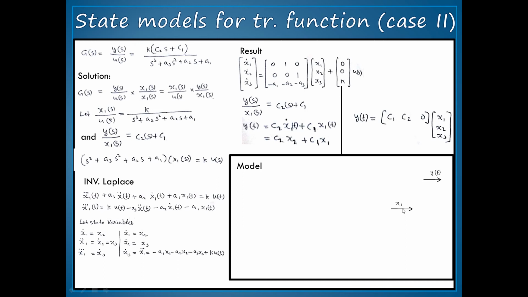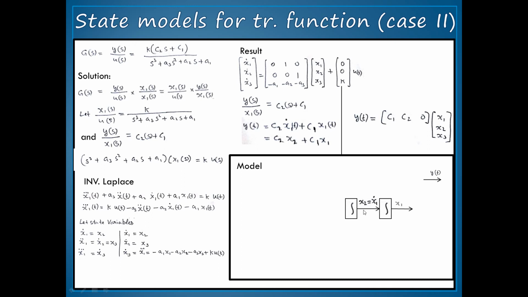It is the intermediate variable between input and output. Now this x1 can be written like this. After integrating x1 dot, we may get the value of x1. That's why, for satisfying the first equation, we can take this particular arrangement: if we integrate x1 dot, we get the value of x1.